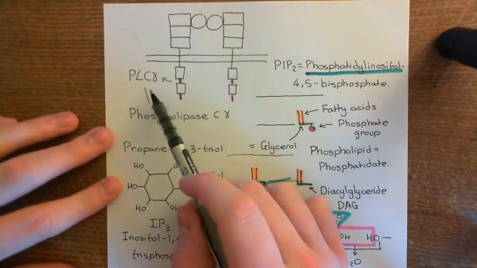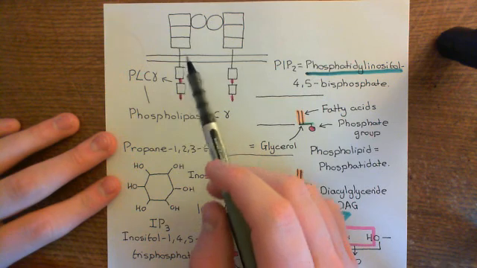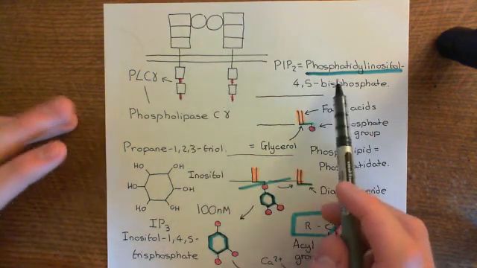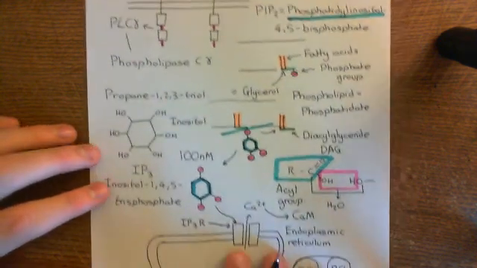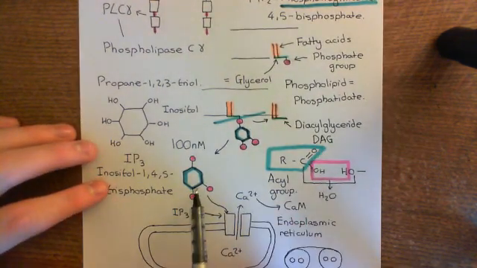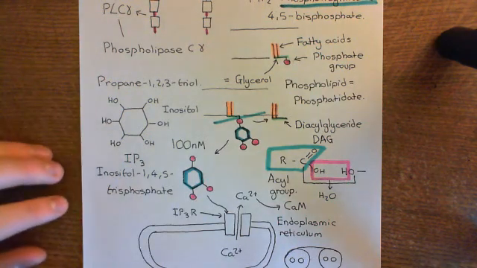And now, phospholipase C-gamma will start breaking down phosphatidylinositol 4,5-bisphosphate molecules that are in the cell membrane into diacylglycerol molecules and also inositol 1,4,5-trisphosphate molecules, IP3 molecules.